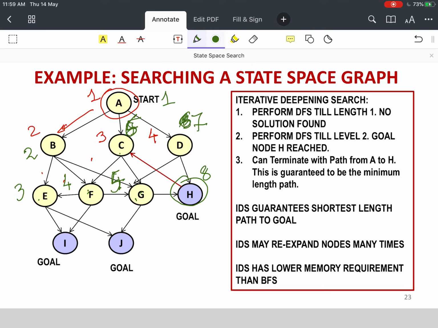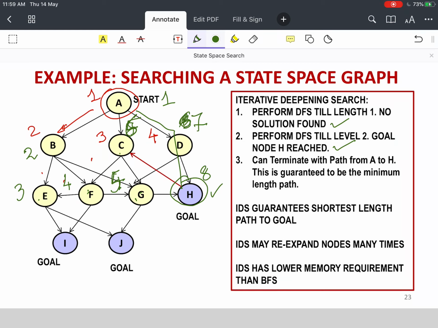So it will not go to level 3 at all. As you can see, depth first iterative deepening repeatedly does depth first search. It performs depth first search to level 1, no solution found, then level 2, and a goal H is found. So it will terminate with this path A, D, H after the second iteration.